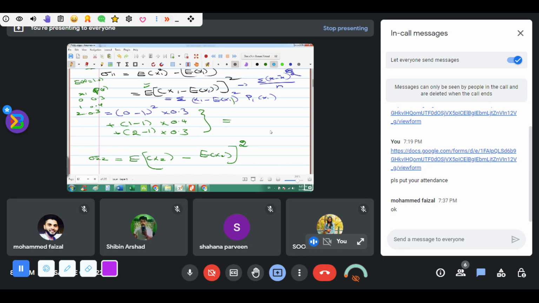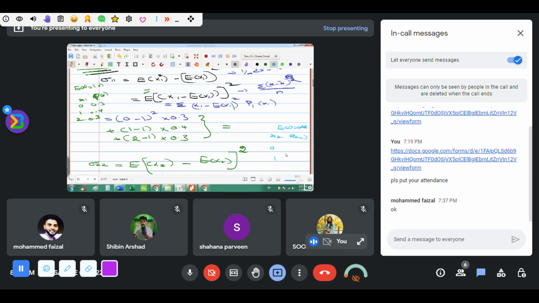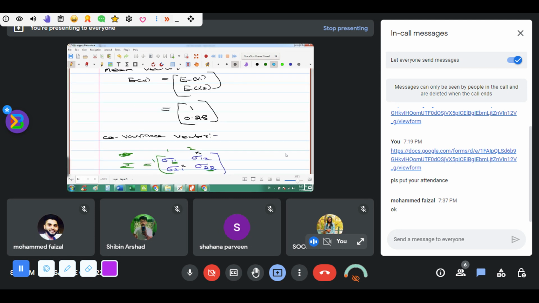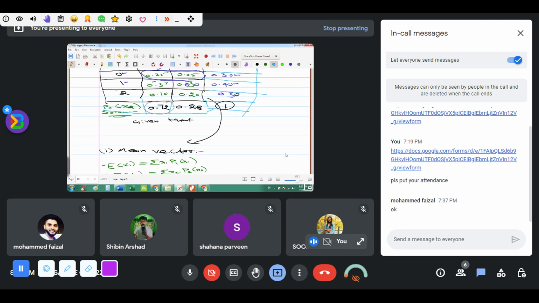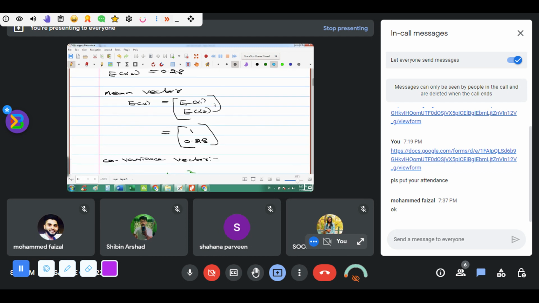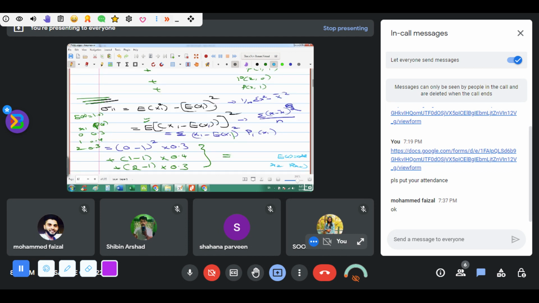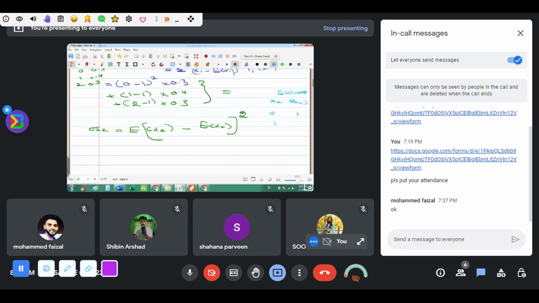Now, what is the probability value of x2? What is the expected value? This one is 0.28. Then what is P of x2? P of x2 is 0.72 and 0.28.